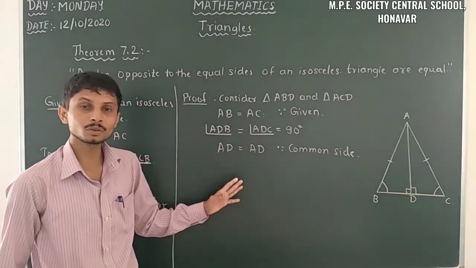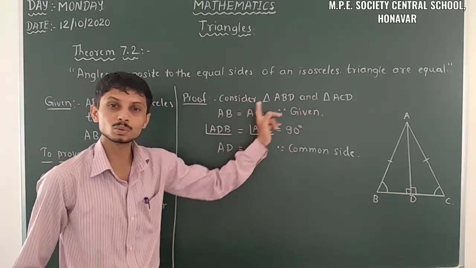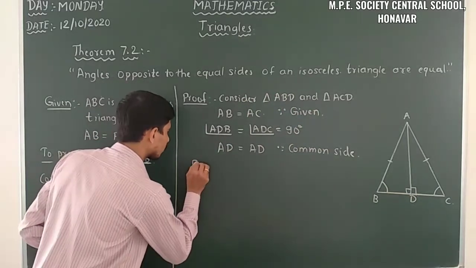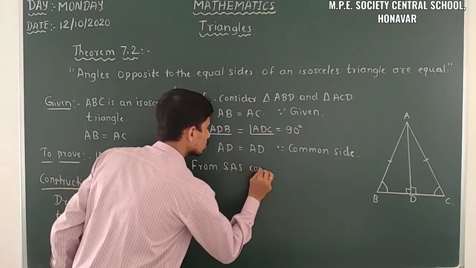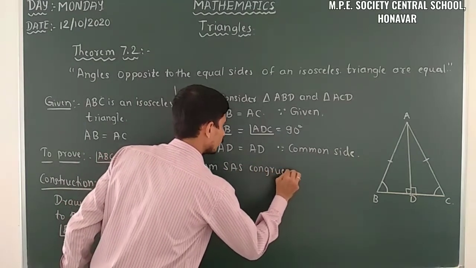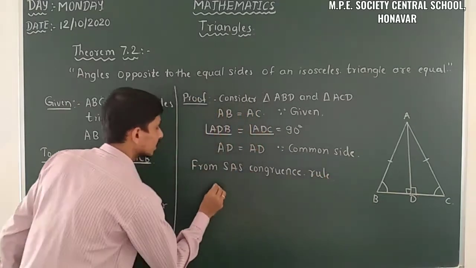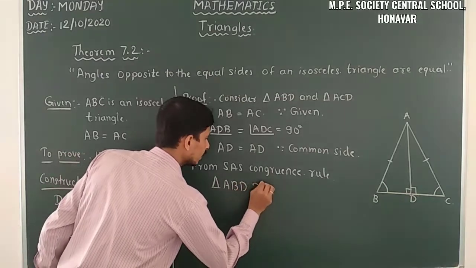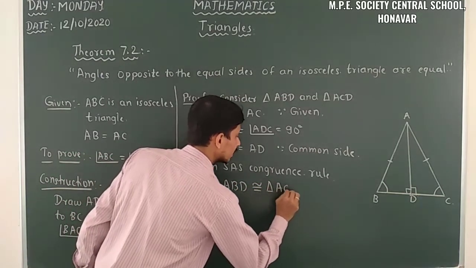From the SAS congruence rule, we can say that triangle ABD is congruent to triangle ACD.